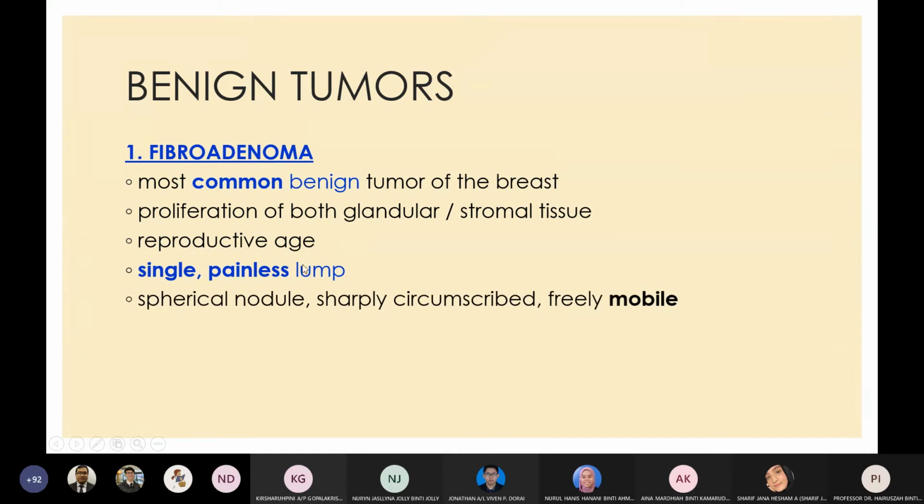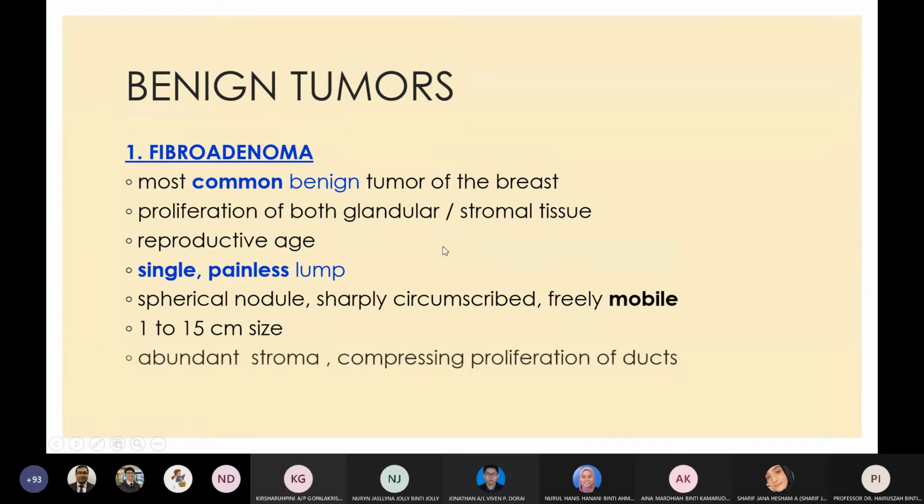Sometimes it's more than one, but usually single. It's very well defined. Size-wise it is very small, 1, 2, 3 cm when they present to us, but some cases can be as huge as 15 cm. We've seen that, but very rare. Commonly they're about 2, 3 cm in size.